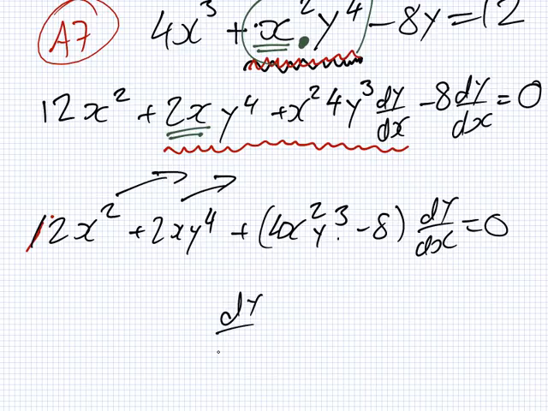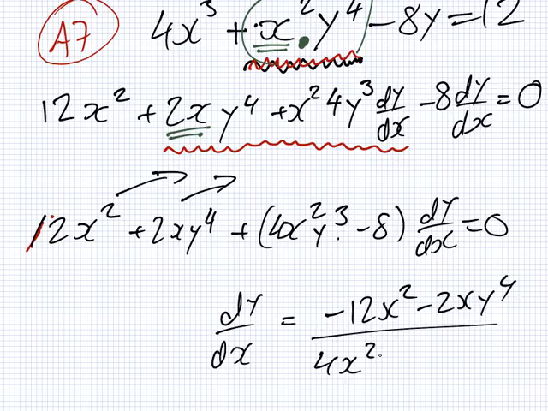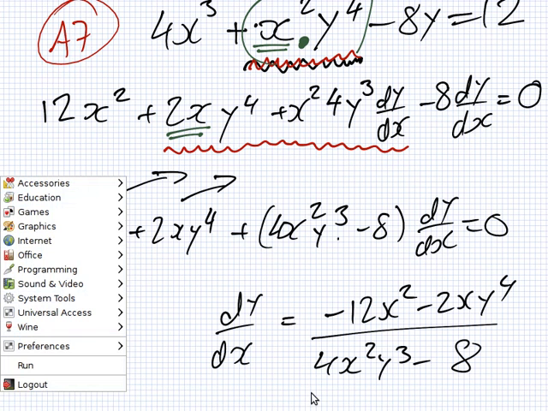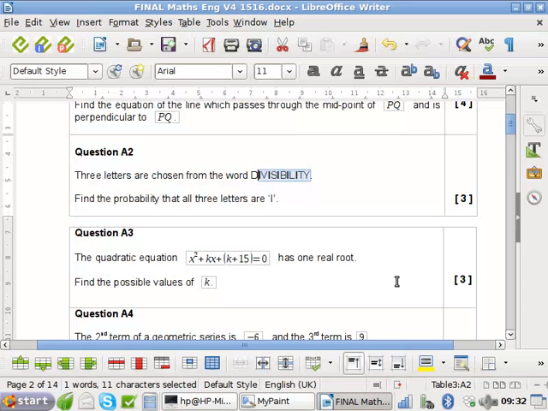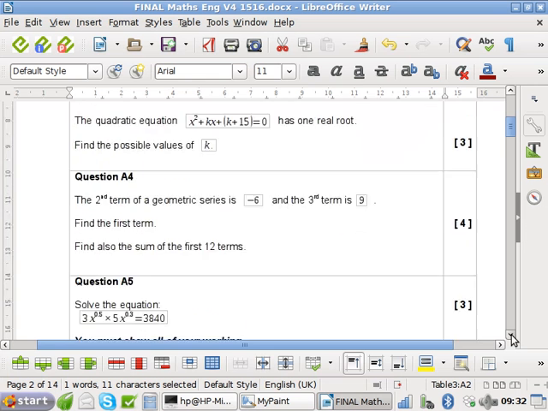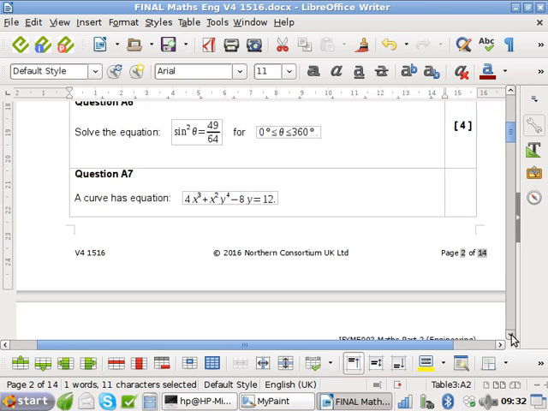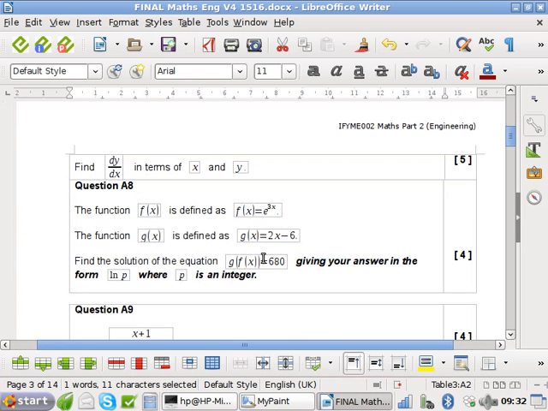So we get dy/dx equals minus 12x squared minus 2xy⁴ over 4x squared y cubed minus 8. Did I give us a point to use, or we just have to keep it like that? No point? Okie dokie.